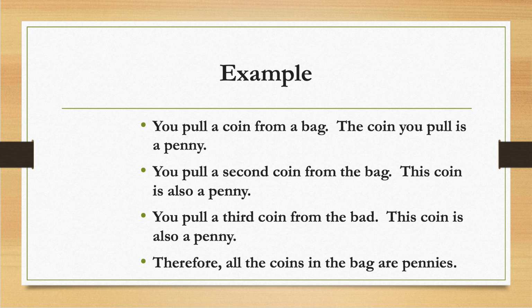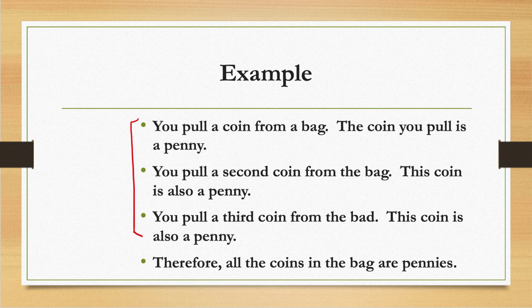Okay? Let's look at another one. You pull a coin from a bag. The coin you pull is a penny. Then you pull a second coin from the bag. This coin is also a penny. You pull a third coin from the bag. This coin is also a penny. Here is our past experience.